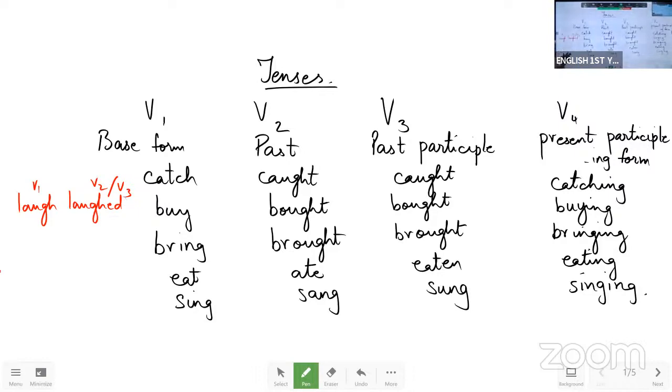Then catch, I've written, okay. Sometimes you don't get the words easily.